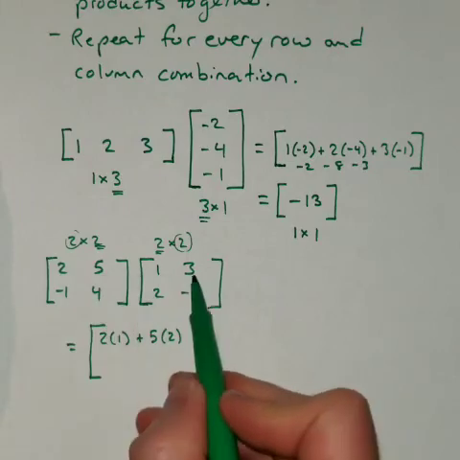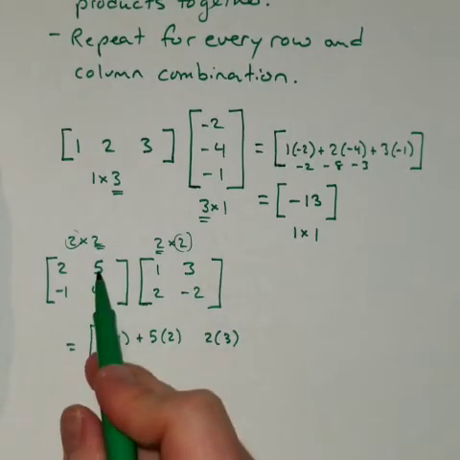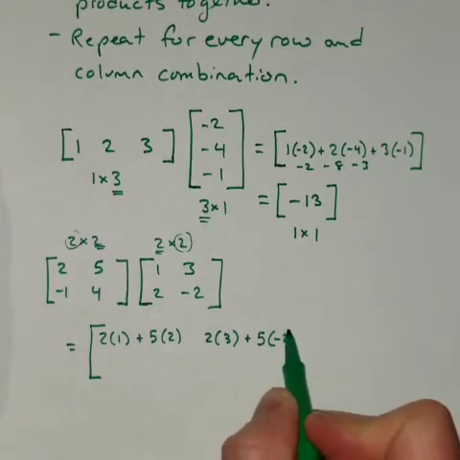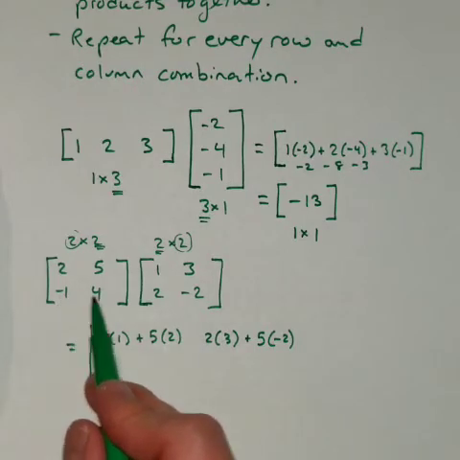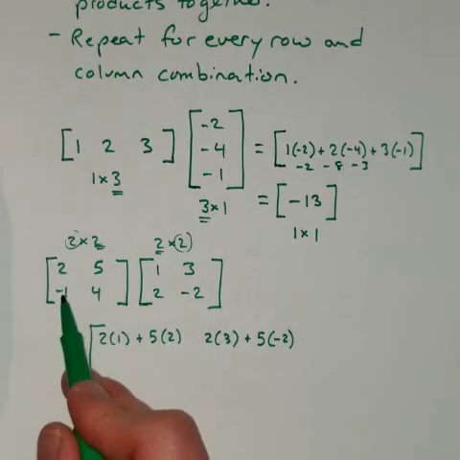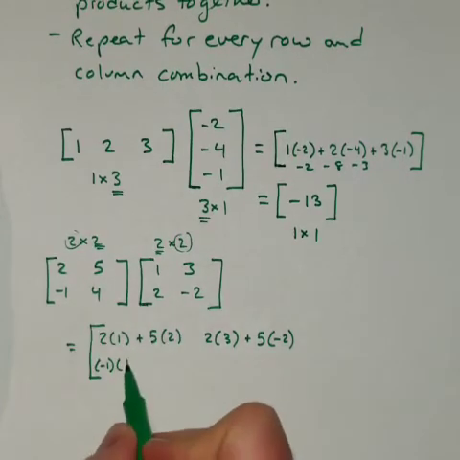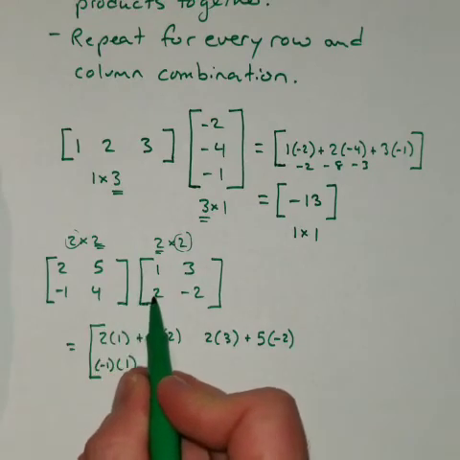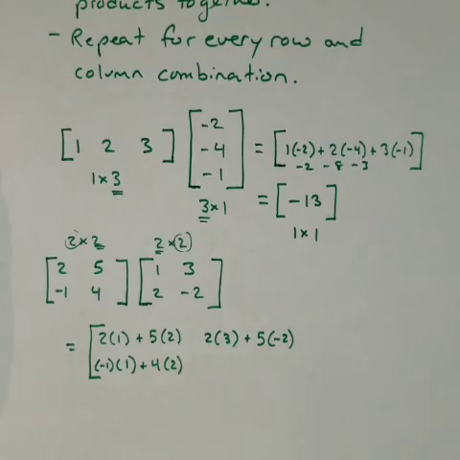That'll be first entry times first entry, 2 times 3. Second entry times second entry, that'll be 5 times negative 2. Alright, then you do second row, first column, that'd be negative 1 times 1, right? First entry times first entry, and then second entry times second entry, which is 4 times 2.